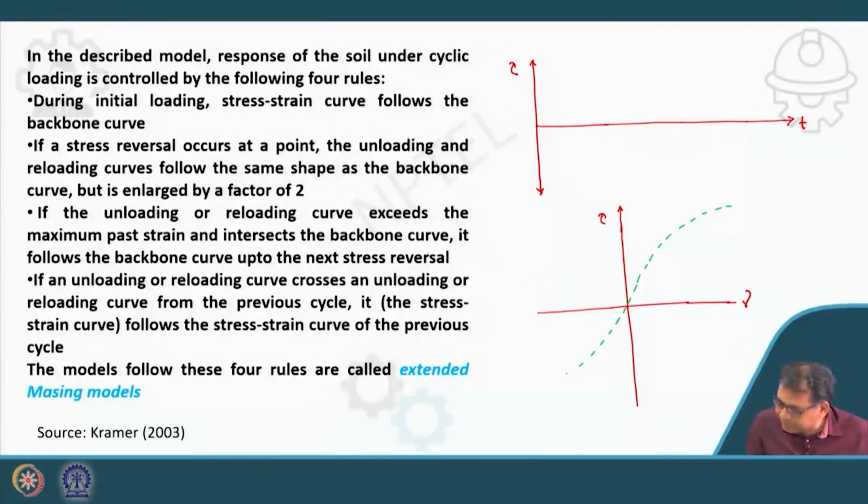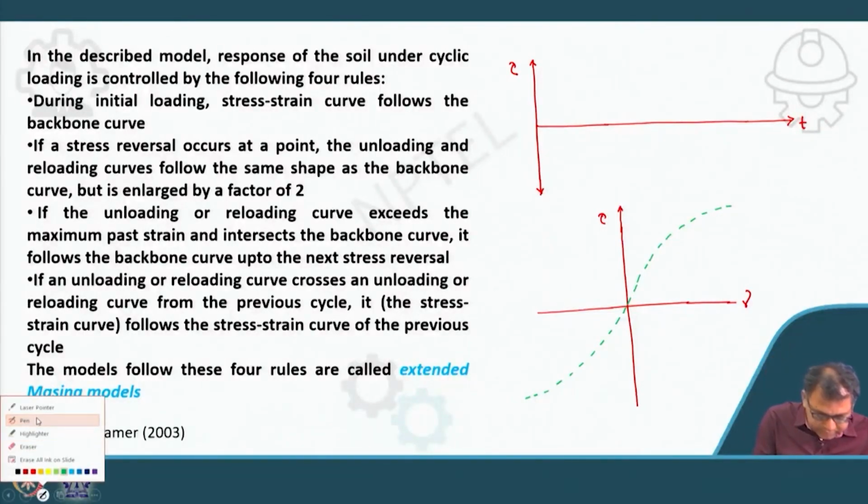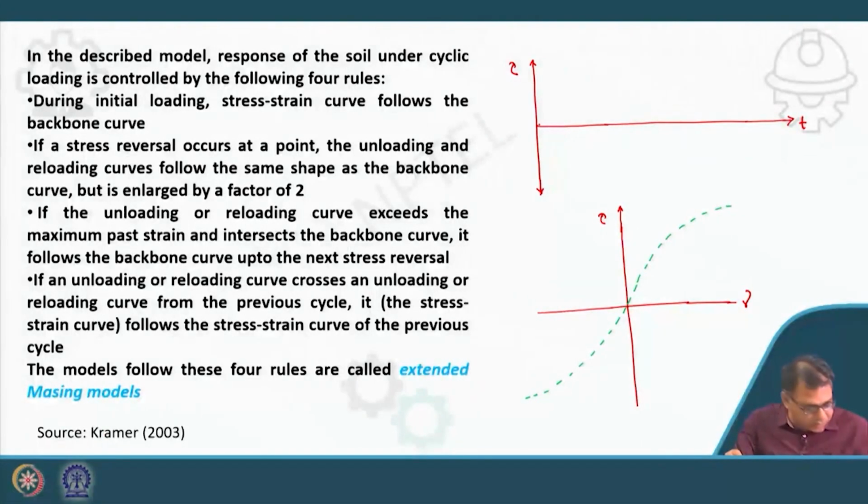So it is characterized by the backbone curve. This is, say, the backbone curve of that soil. The first rule is, if I start the initial loading from point A, it will go and reach point B. So what the first rule is saying is that during initial loading, the stress strain curve follows the backbone curve.